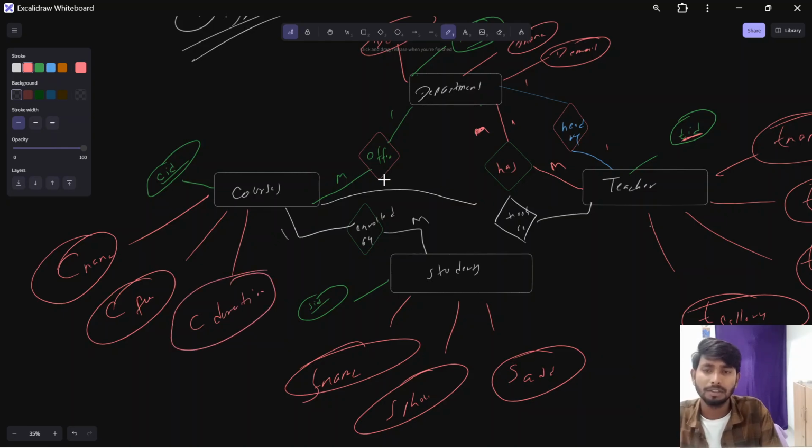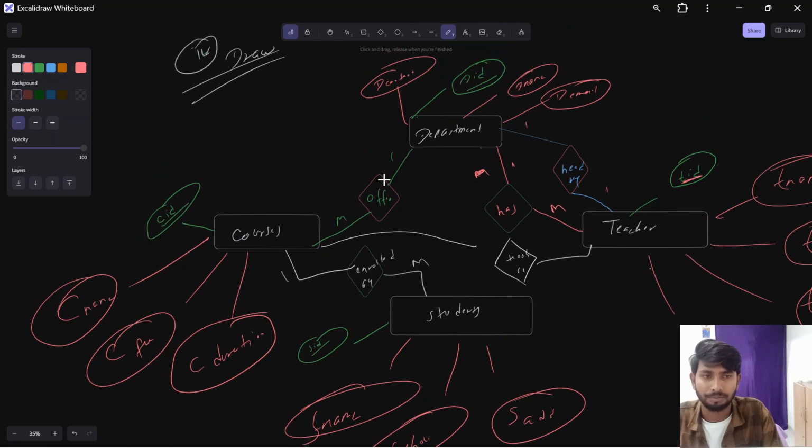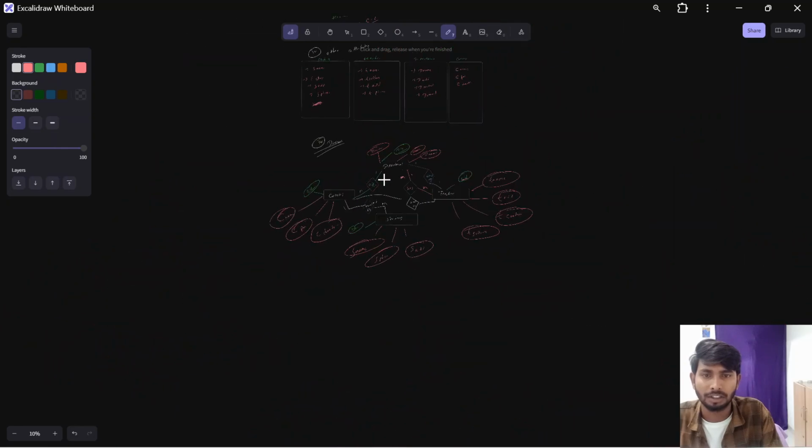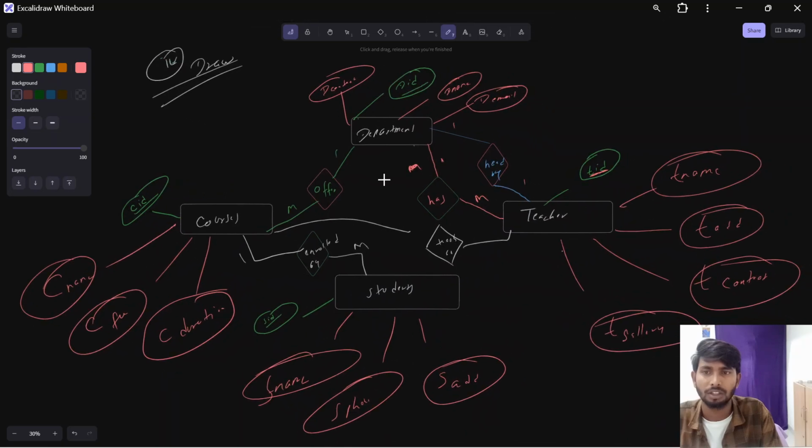Okay. This is our ER diagram. Understand? This is the graphical representation of the relationship between tables or entities.